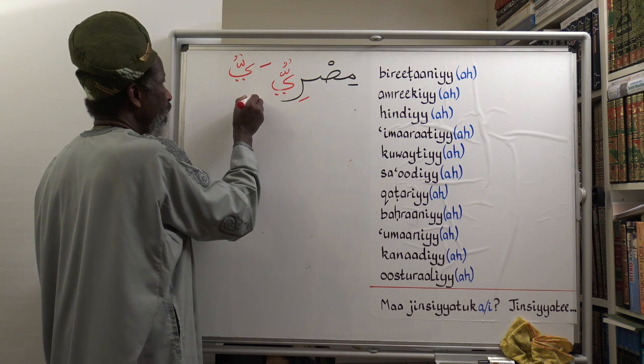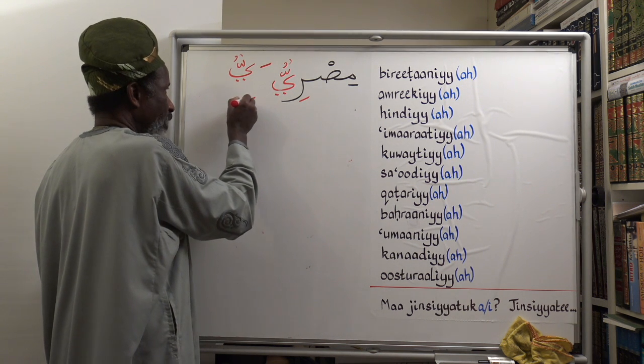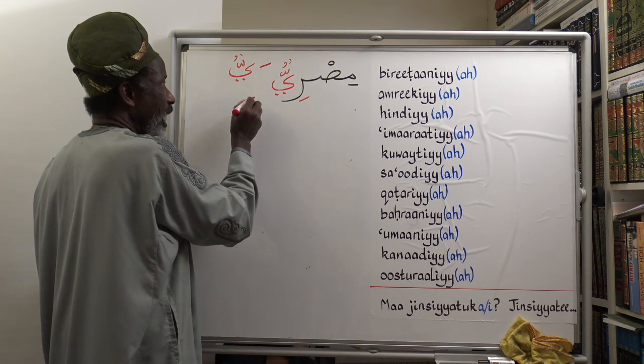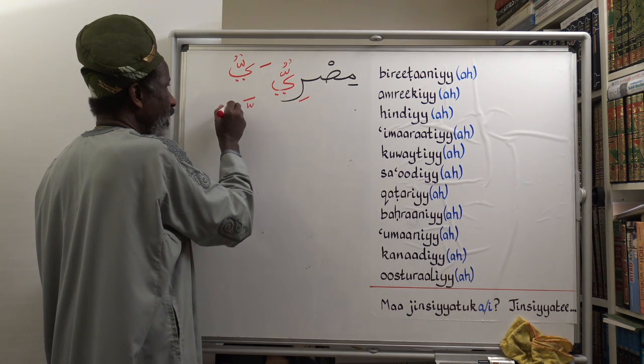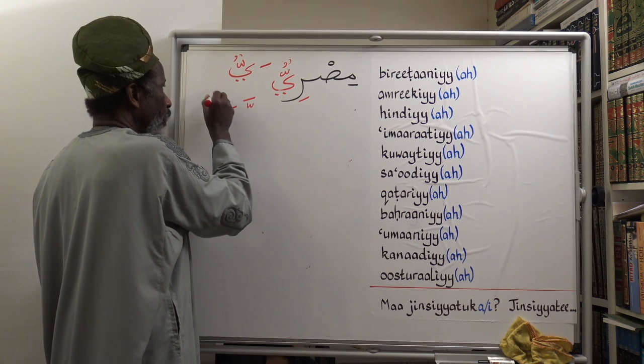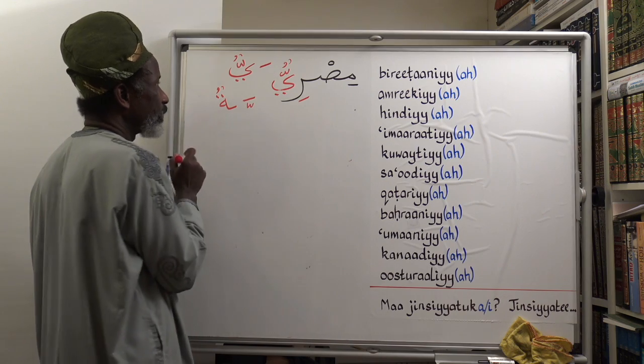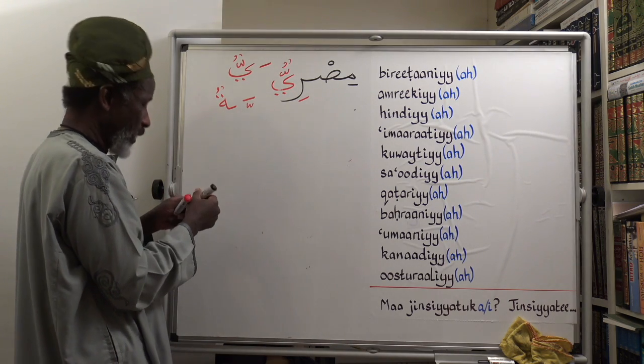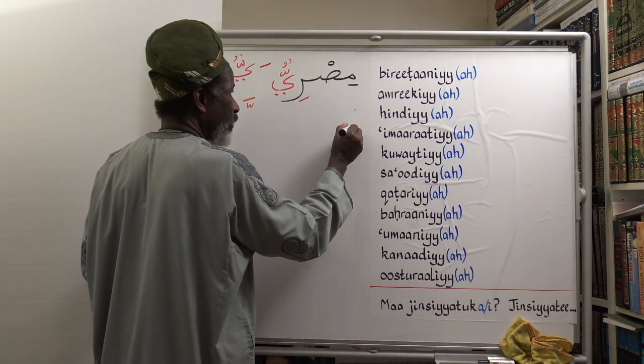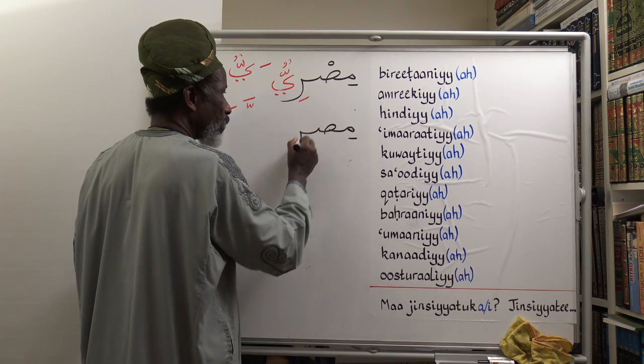So we're going to have Iyatun. So you're going to have one shadda and then tun. If it can be written like that, so Iyatun. So let's apply that. So we have Misr.